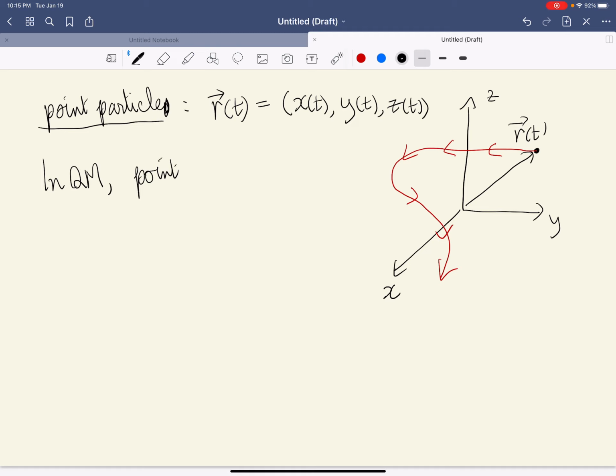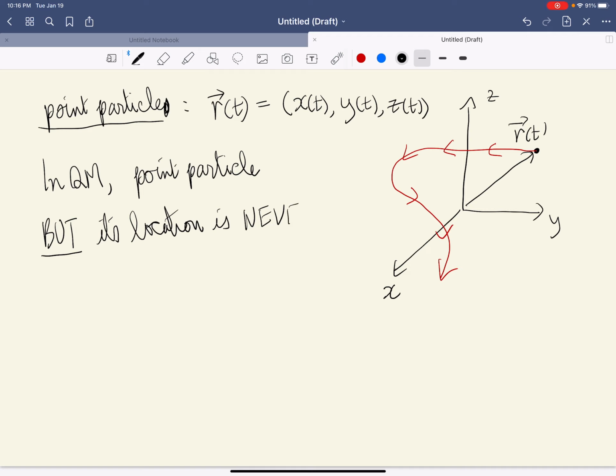So the point particle view is still upheld in the quantum mechanical picture, but the key difference is that the location of a particle is never exactly specified. Never. It's never exactly known.